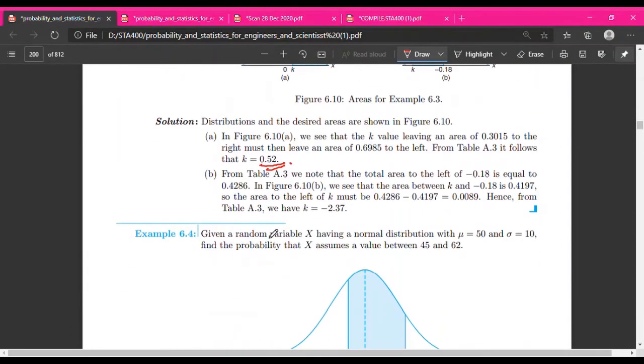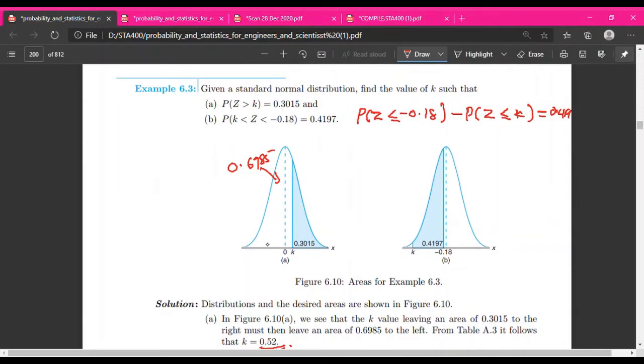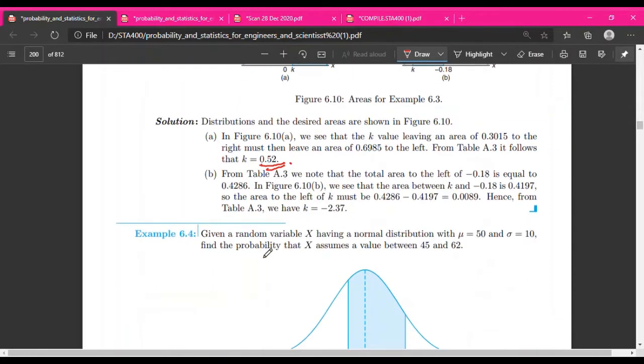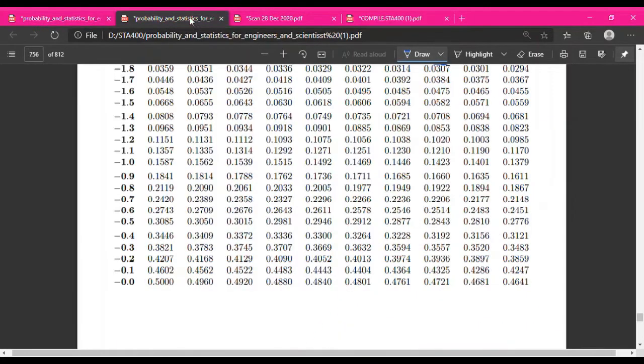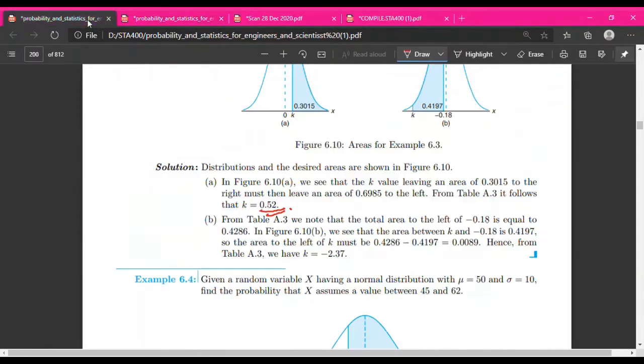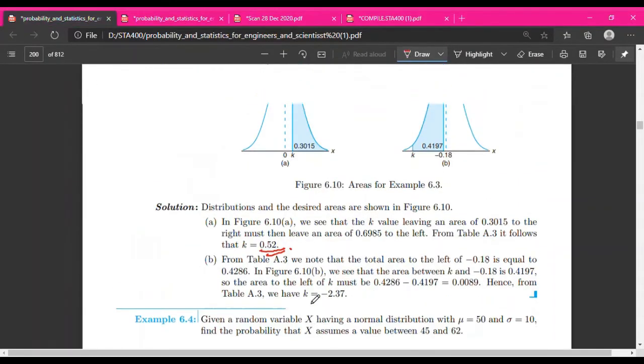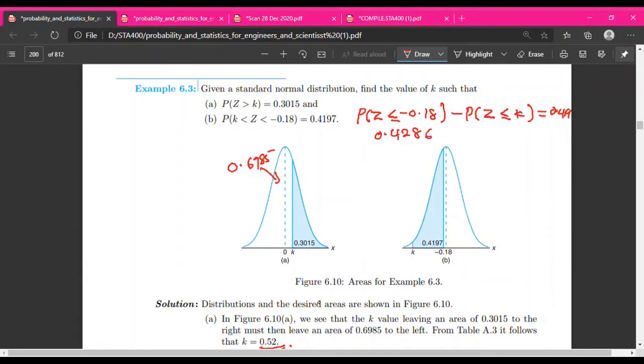Okay, 0.4286 tu, or 87 actually. 86 tadi kan? 86. Okay, 0.4286 minus probability of Z less than or equal to K adalah 0.4197. So nak cari probability of Z less than K, so it will be 0.4286 minus 0.41.